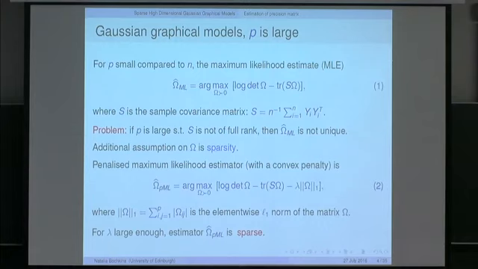And then for lambda here, which is the penalty parameter, if it's large enough, then this dominates and the estimator is sparse, right? And the key problem we're interested in is how to choose that lambda.